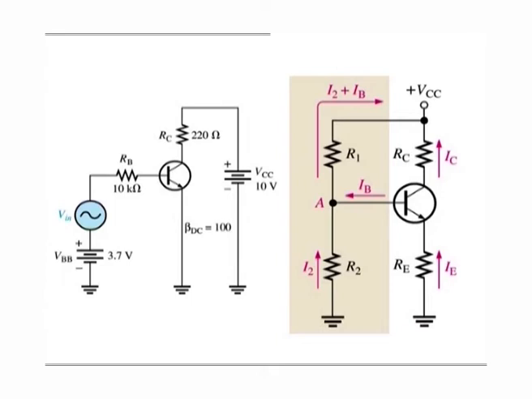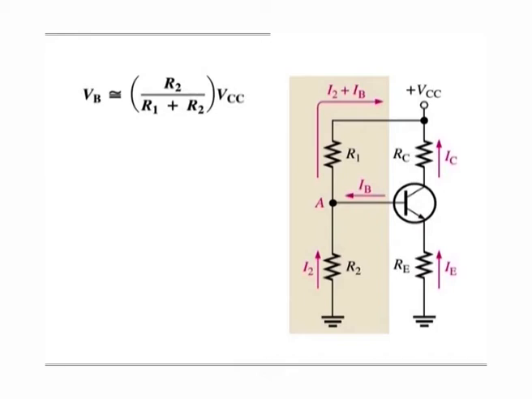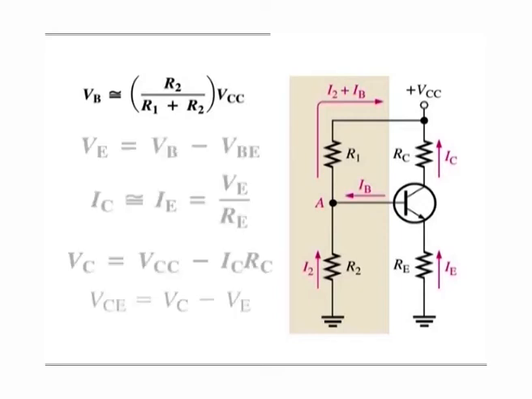To analyze a voltage divider circuit in which IB is small compared to I2, first calculate the voltage on the base using the unloaded voltage divider rule as given here. Once you know the base voltage, you can find the voltages and currents in the circuit as shown here.